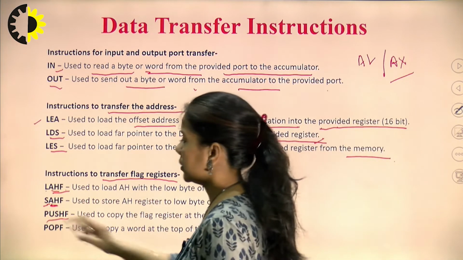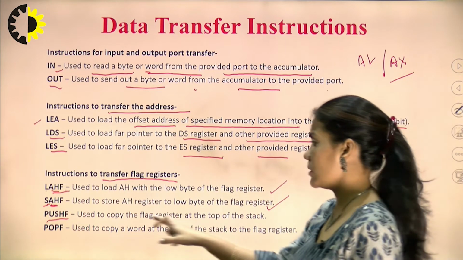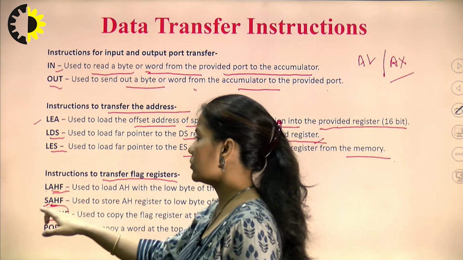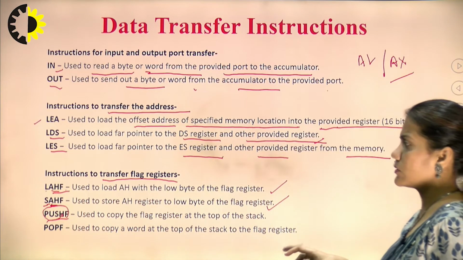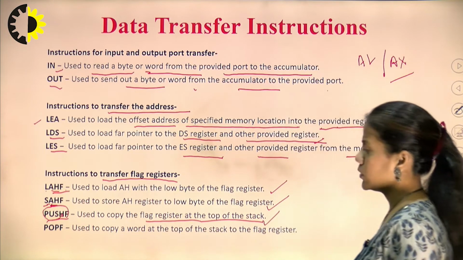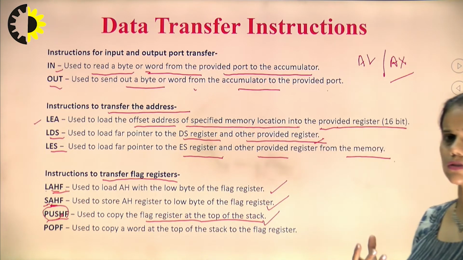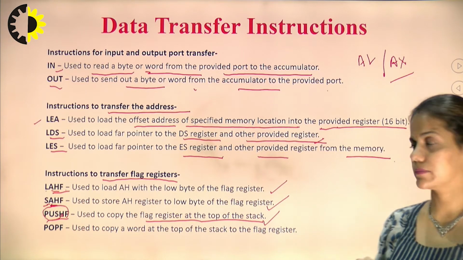PUSHF is used to push the contents of the flag register onto the stack. So push is always used to push the contents onto the stack. It is used to copy the flag register to the top of the stack. Whenever we push something onto the stack, it is always loaded on the top of the stack.